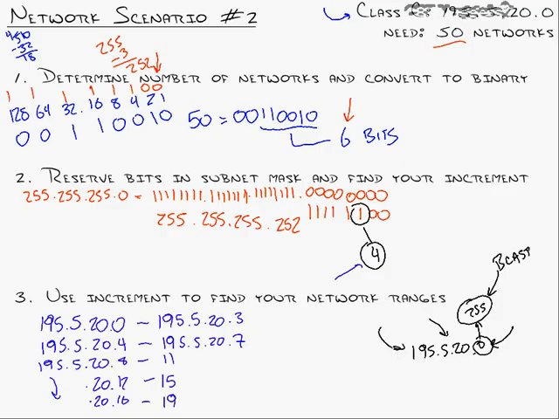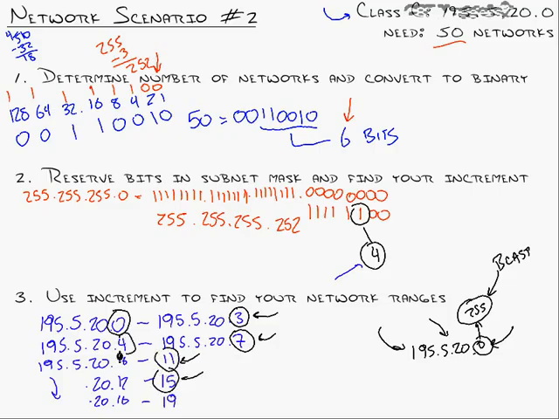Now what we've done is taken this one network and broken it down into many subnetworks. But when we do that, we cannot use the first IP address or the last IP address from every single network range. So I cannot assign 20.3 to a host because it's the broadcast for this first network right here. I cannot assign 20.7 to a host because that's the broadcast for the second network, and the third network, and the fourth network.